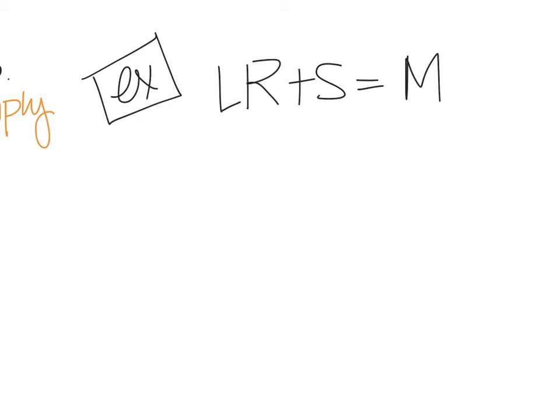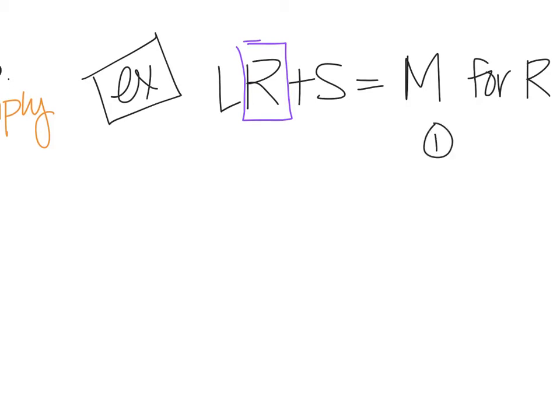LR plus S equals M. And I would like you to solve for R. So I'm going to put a box around R. Now I need to move everything. Now this is a little bit more of an advanced one, I would say, is what I would call it.